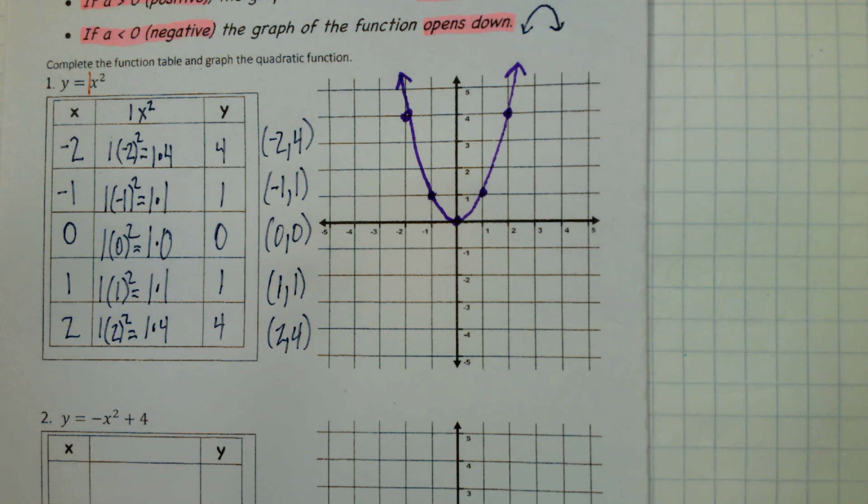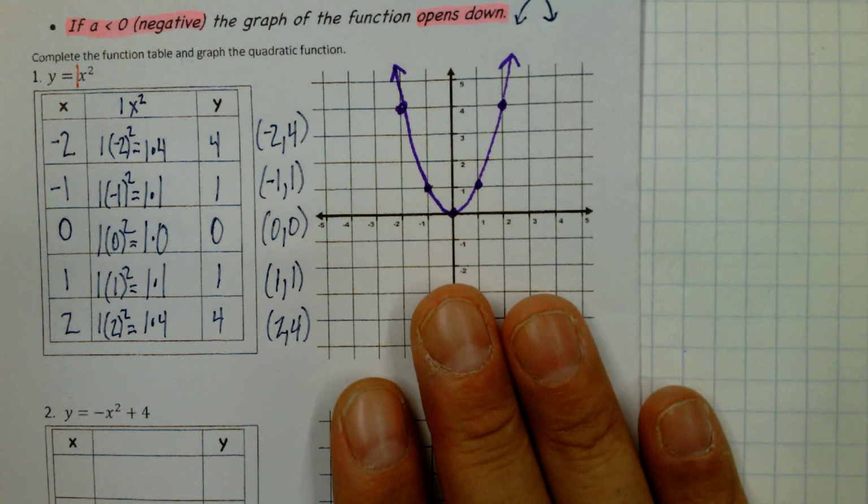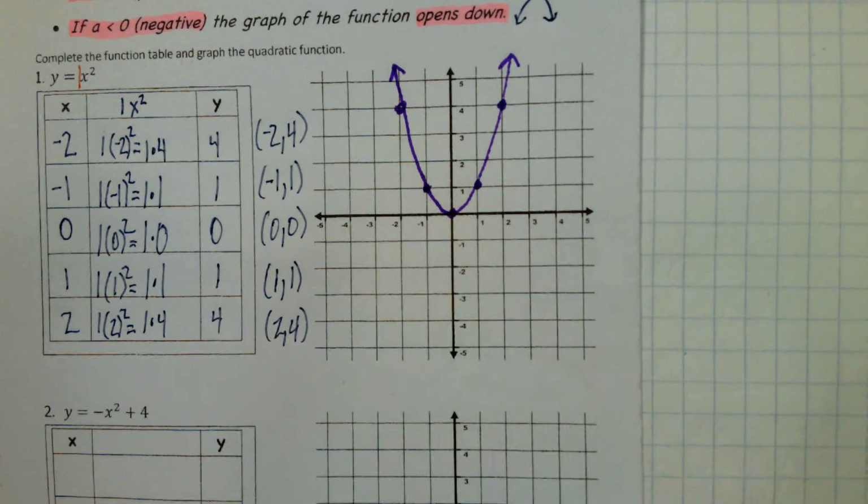Well, gravity at least. The force of gravity on something as it's moving forward gives it a parabolic shape. If you ever go to a drinking fountain, press the button, the water doesn't just shoot up. Gravity forces it down as it's going like this. The shape is parabolic. Okay? Lots and lots of things in nature. Like I said, satellite dishes are based on this shape.